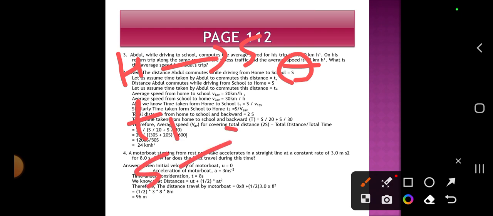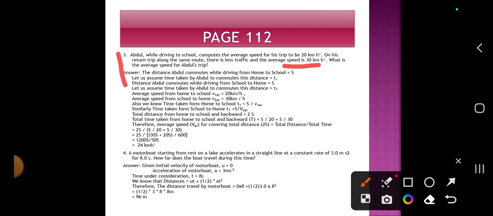From school to home, the distance is also S, and the time taken for that is T2. So the distance Abdul covers while driving from school to home is also S, and the time is T2, as I said.